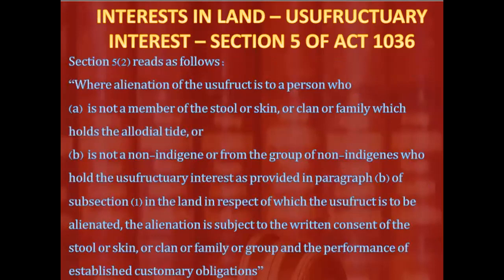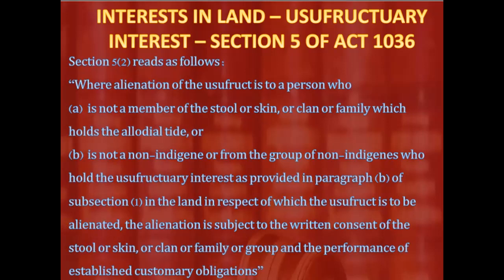Where the alienation of the usufruct is to a person who is not a non-indigent, or from the group of non-indigents who hold the usufructuary interest as provided in paragraph b of subsection 1, in the land in respect of which the usufruct is to be alienated, the alienation is subject to the written consent of the stool or skin or clan or family or group and the performance of established customary obligations.